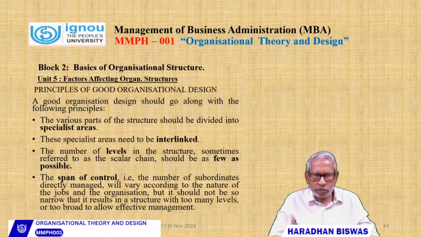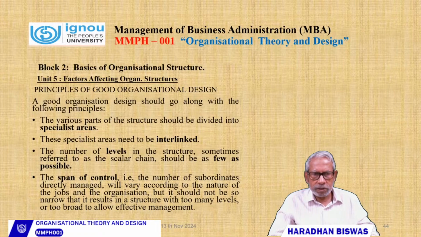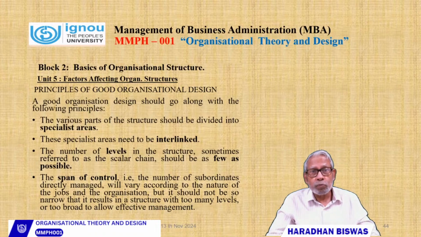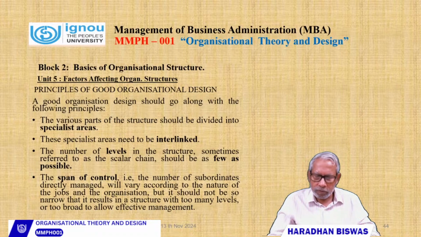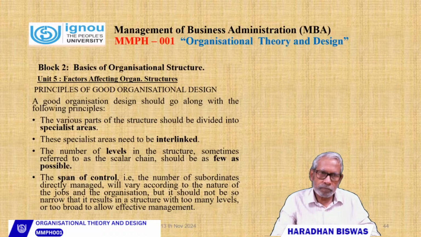But it should not be so narrow that it results in a structure with too many levels. Again, it should not be too broad either, to allow effective management. So both things have to be seen, and you have to put the span of control in a balanced way. The ultimate aim is to create effective management.